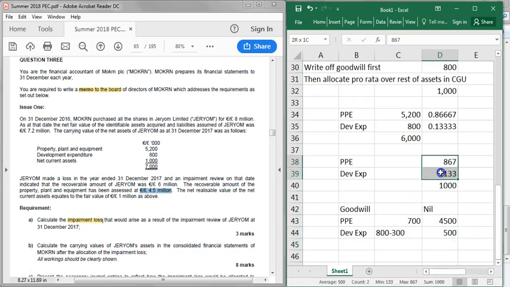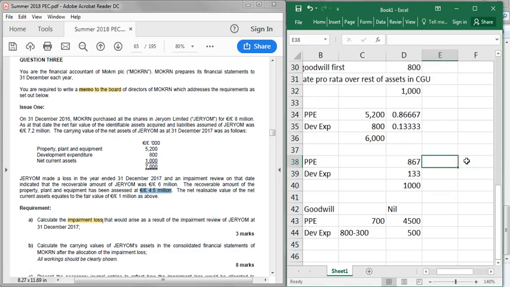So although this was our initial allocation, our revised allocation now is 700, because we cannot write it down more than the 4.5 million, and that leaves us with 300 written down there. So there are a couple of structured steps, but this is quite an examiner favourite, so make sure you go back to your IAS 36 notes and understand the allocation process, which is very important as part of IAS 36.